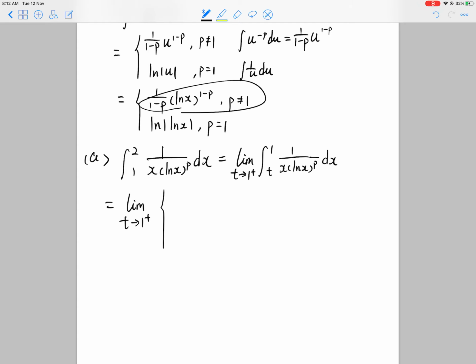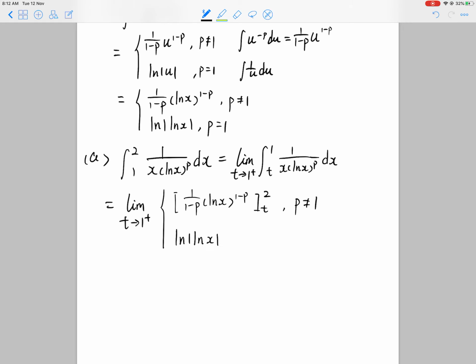It is this if p is not 1. Okay, it is log x if p is 1.